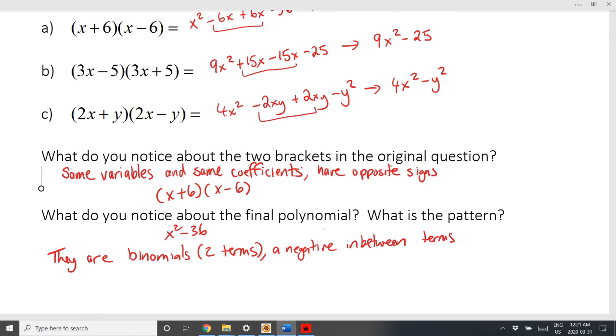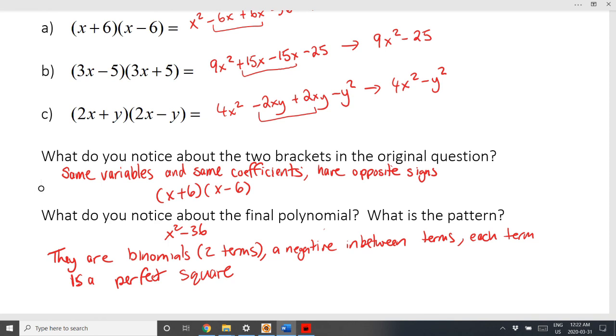And if you notice, each term is a perfect square. So if you're looking at this, you can see that it's 1x squared, and we know 1 is a perfect square, and 36 is also a perfect square.